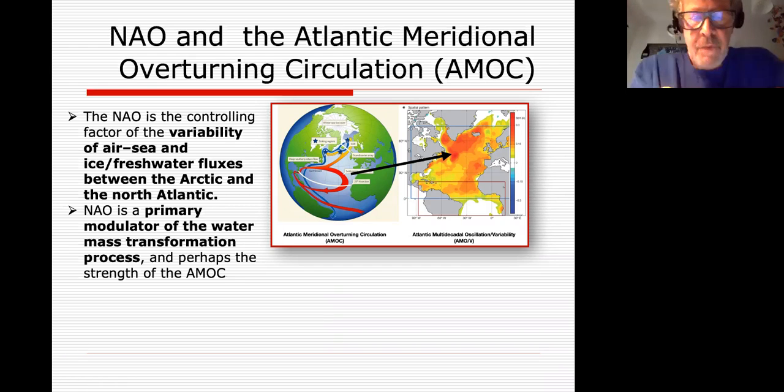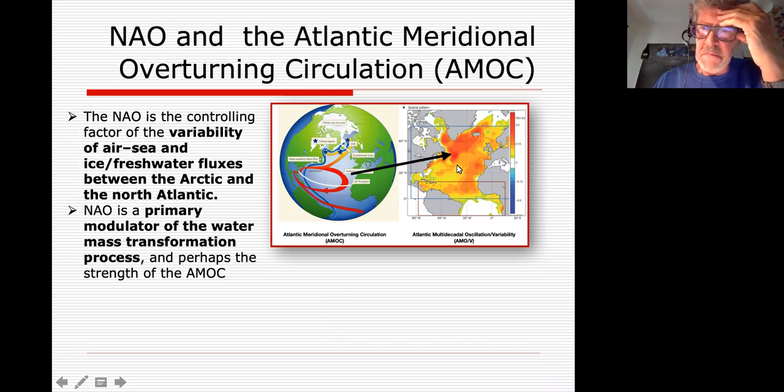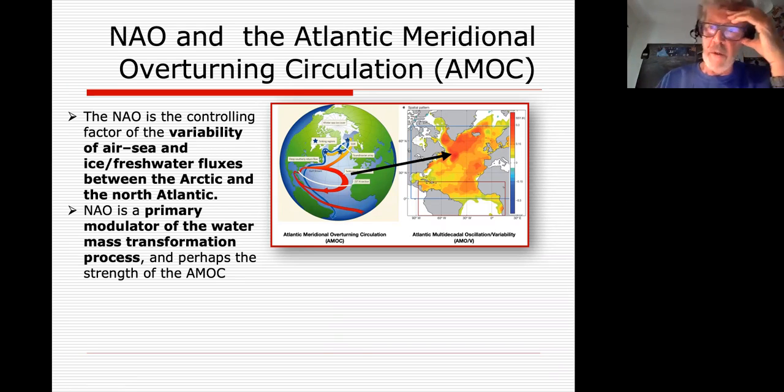And this is quite an interesting feature, and we see that there is some potential correlation, at least in terms of area, with the tripole that we found in AMO.